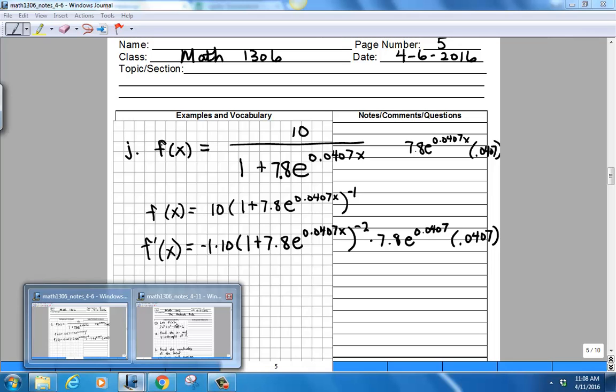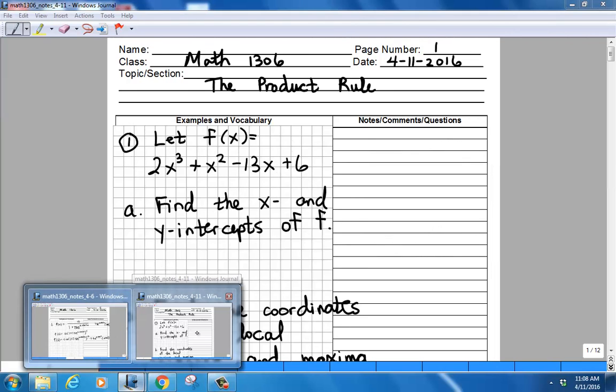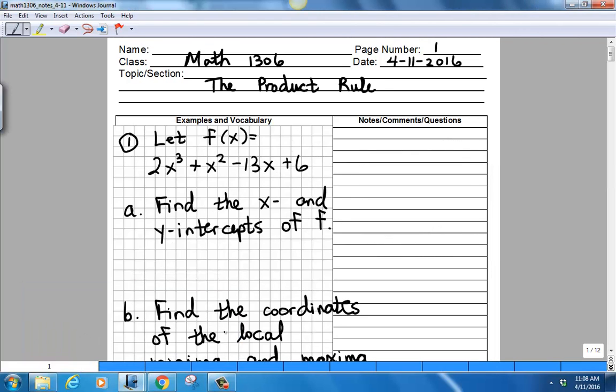Let's quickly look at one last example, but it has nothing to do with the chain rule. All right, so this is kind of like the marginal analysis homework, but it's completely out of context.